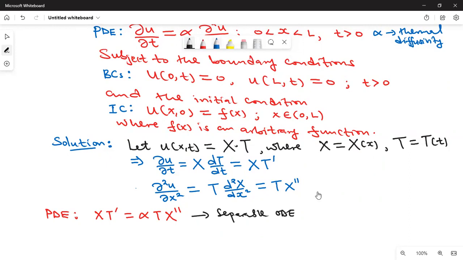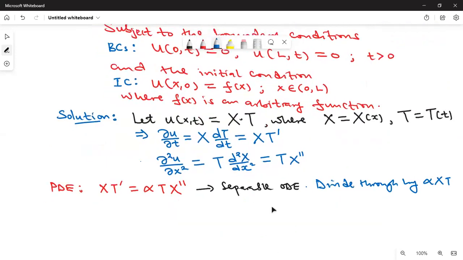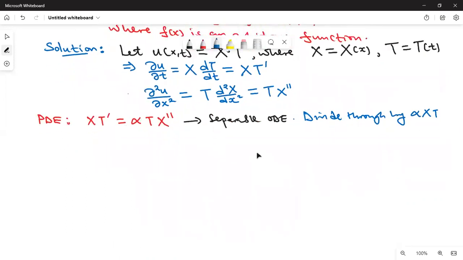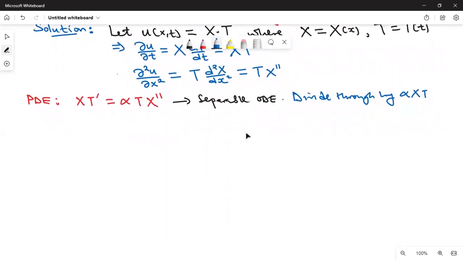So I want to separate the variables. Let's divide through by alpha times X times T. What are we going to get upon dividing that equation by alpha X T?